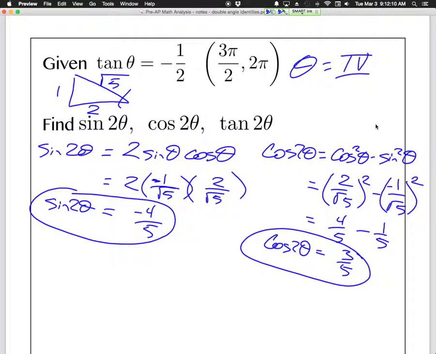That was easy. So Blake, what do I want to do to get tangent? Numerator of sine of 2 theta over numerator of cosine 2 theta. Very good. So we end up with negative 4/3.